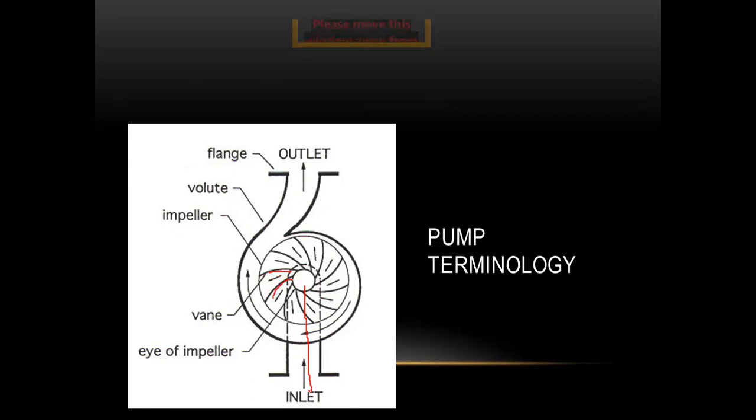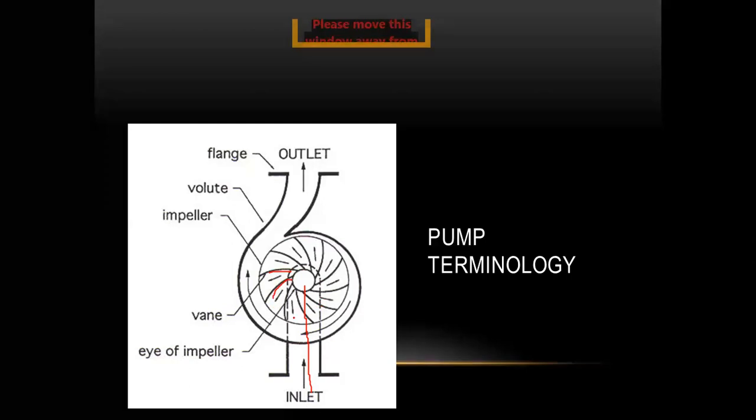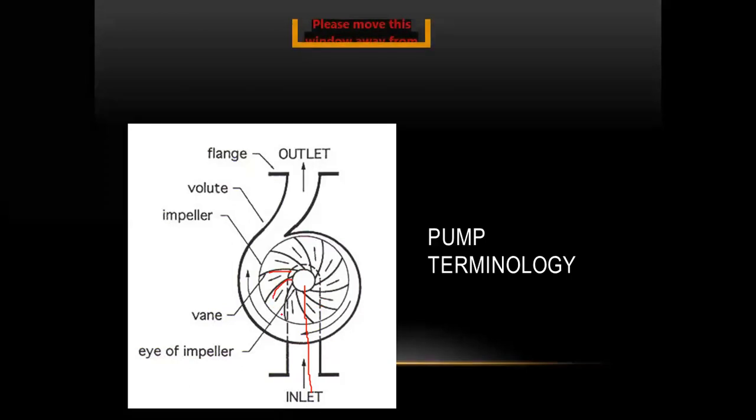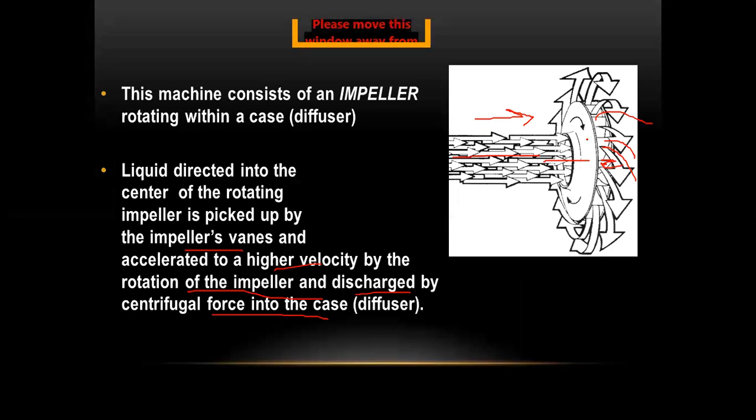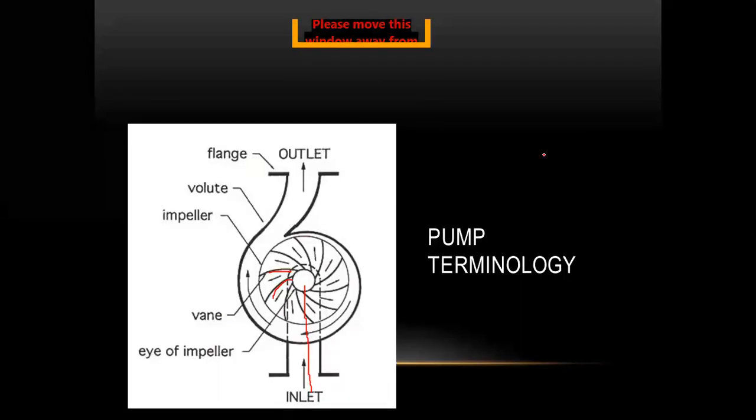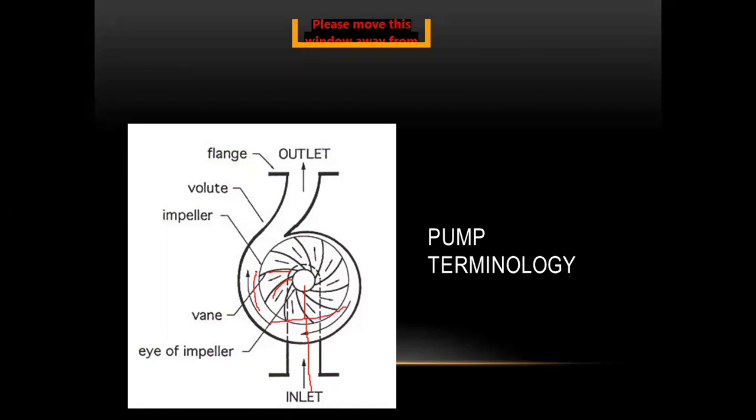So once the water is going in one direction and going into the impeller, with the help of the vanes it will flush the water radially outside, just as shown in the previous slide. So it is coming out, passing in the direction of the casing, and moving upwards.